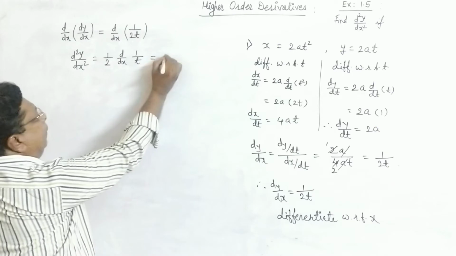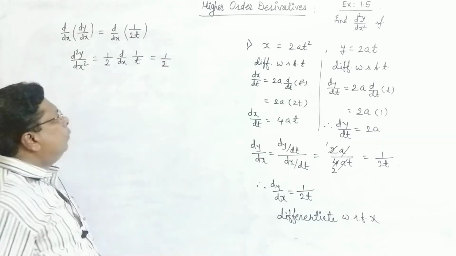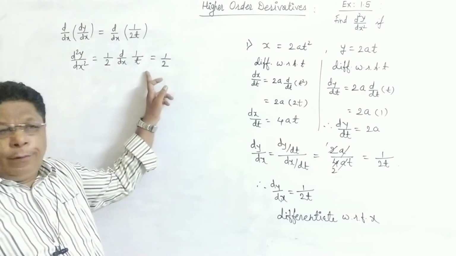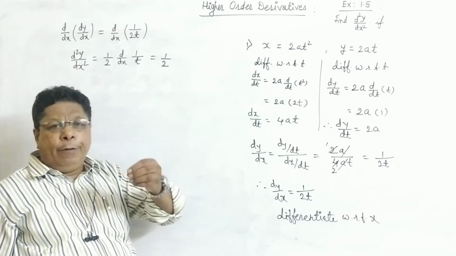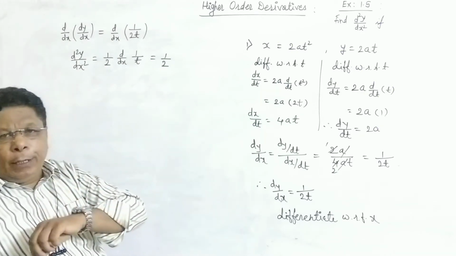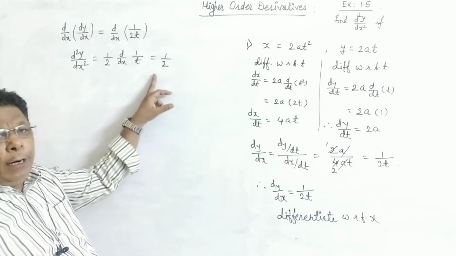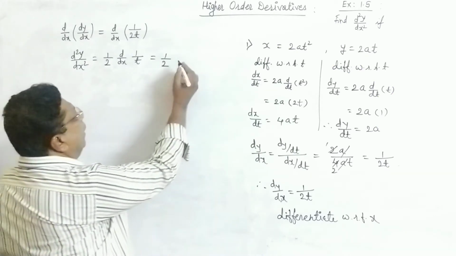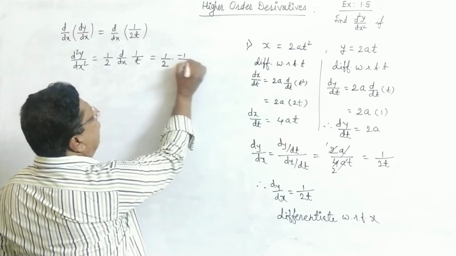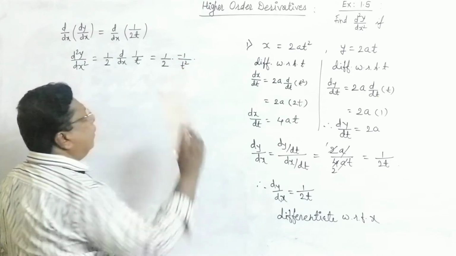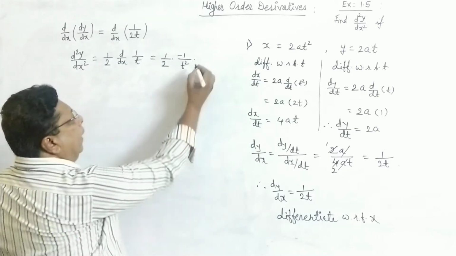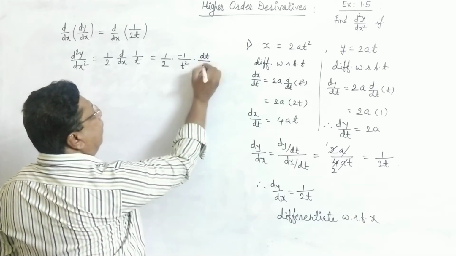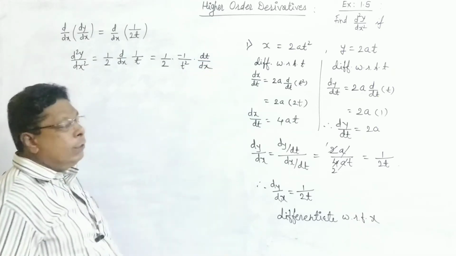So this can be written as 1 upon 2 into derivative of 1 upon t. We know that the derivative of 1 upon x with respect to x is minus 1 upon x square. In a similar manner, it is minus 1 upon t square into the derivative of t with respect to x, which is dt upon dx.